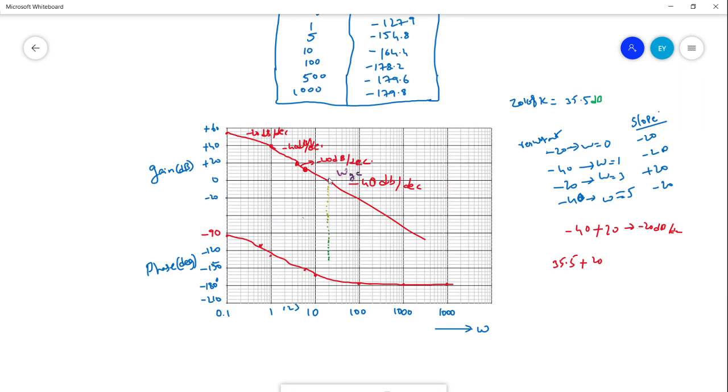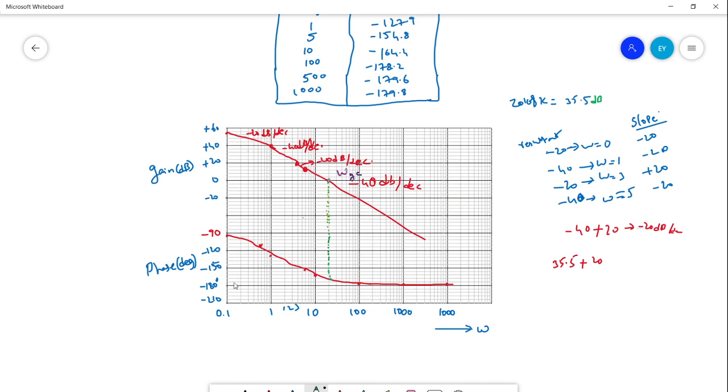See, if you draw a perpendicular from the gain crossover frequency omega c, the point where it meets the phase plot is considered for the phase margin, and it should be taken as the difference from minus 180, right?